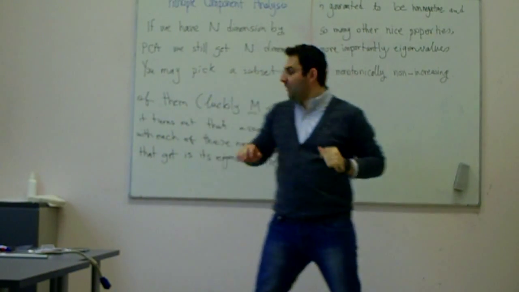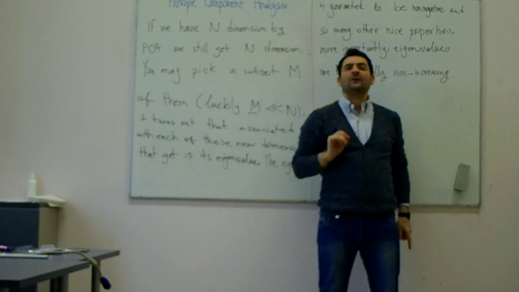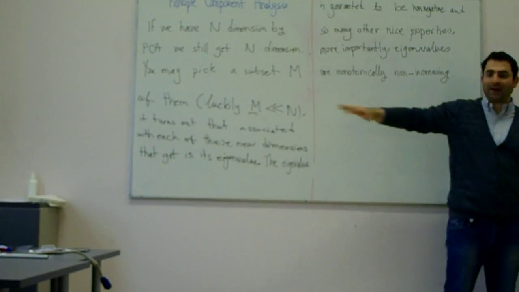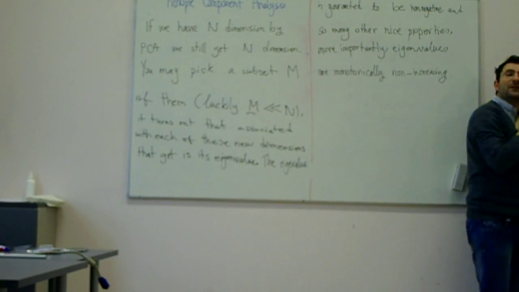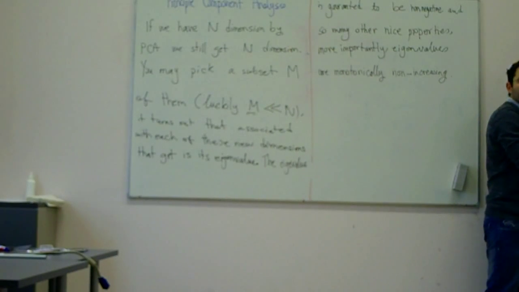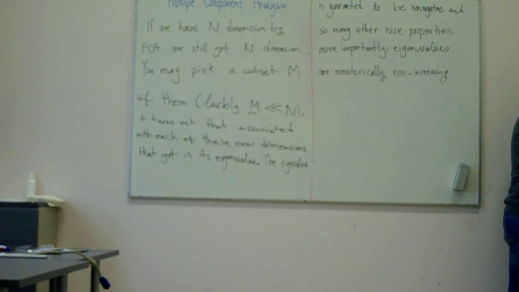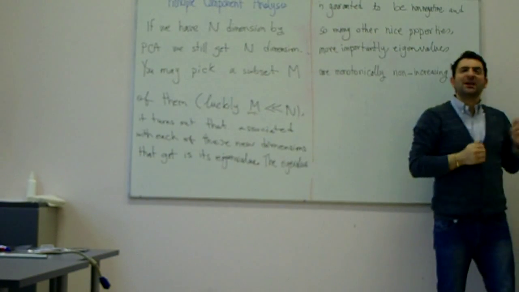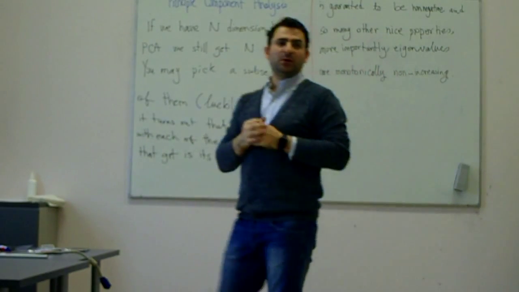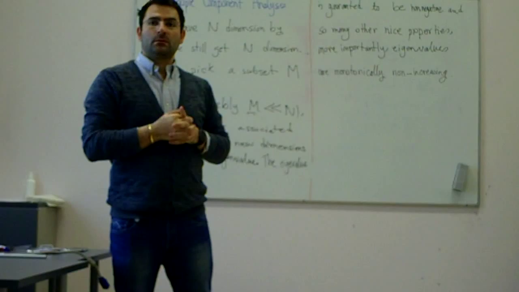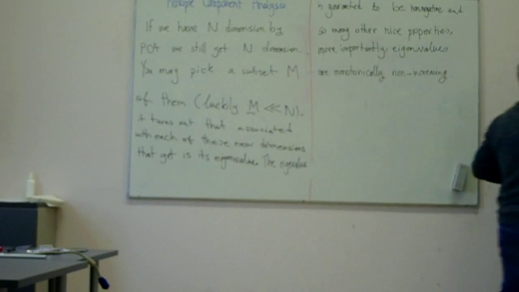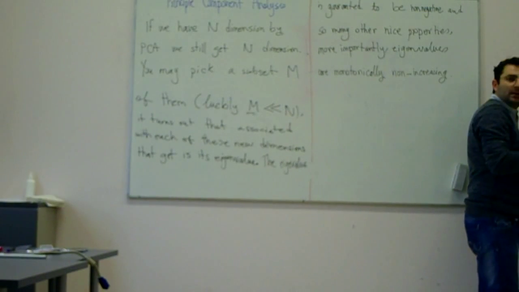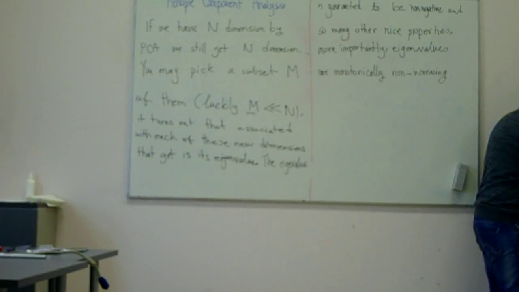Okay? So for each direction, I am assigning one eigenvalue. Let's step back a little. For this one, I have one eigenvalue. For this one, I have the second eigenvalue. Which one is first? The blue one is first. PCA tells me that this is first, this is second. So this has one eigenvalue, this one has another eigenvalue. What can you tell me about the eigenvalues of these two new dimensions? I have two eigenvalues. The blue eigenvalue is shown with lambda, and the orange eigenvalue.